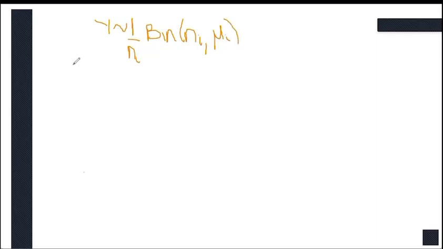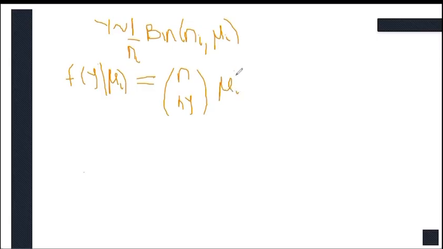Now, if I want to write the distribution for this, I'm going to have f of y given mu_i, which is n combination ny, mu_i raised to power ny, then 1 minus mu_i raised to power n minus ny.